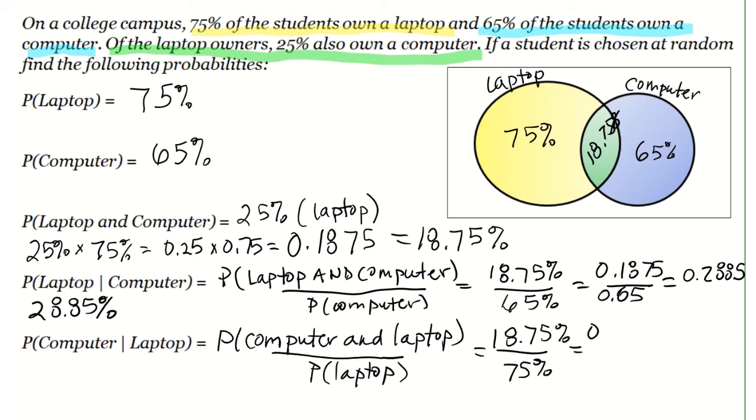I'm going to change those to decimals, which is going to give me 25%.